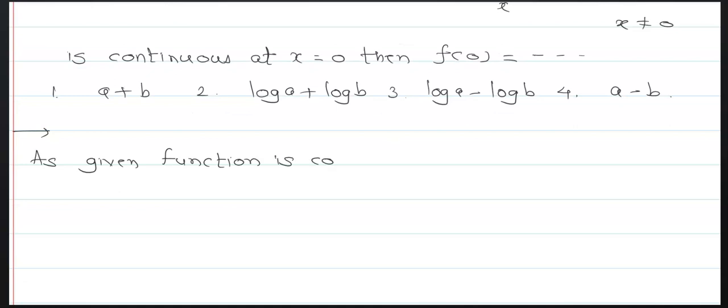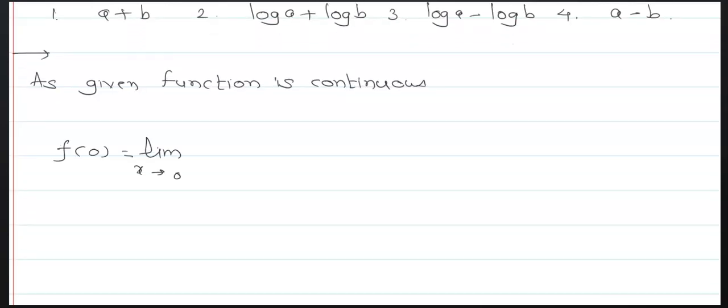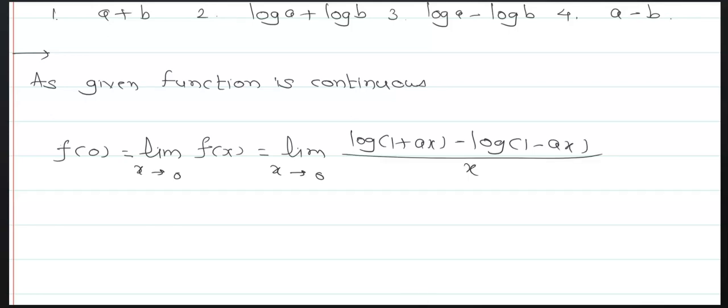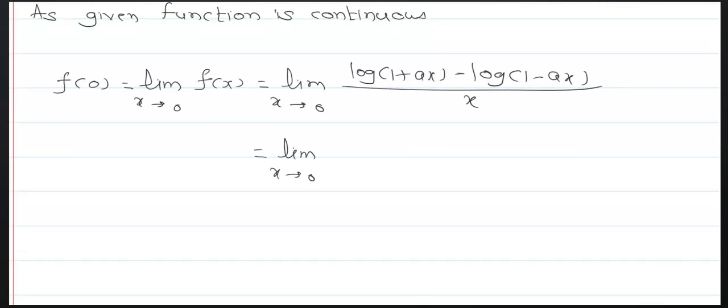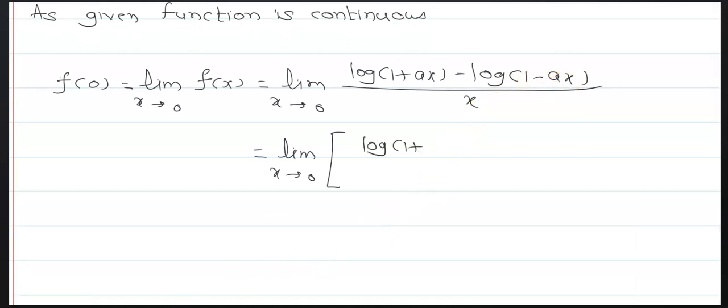As the given function is continuous, f of 0 equals the limit as x tends to 0 of f(x), the limit as x tends to 0 of log of 1 plus ax minus log of 1 minus bx upon x. Separate it.